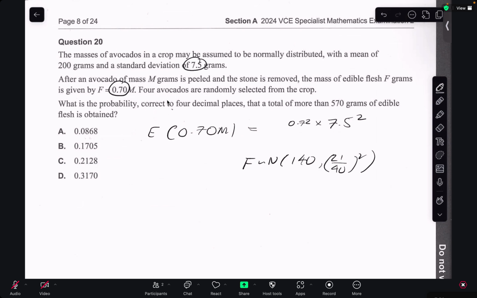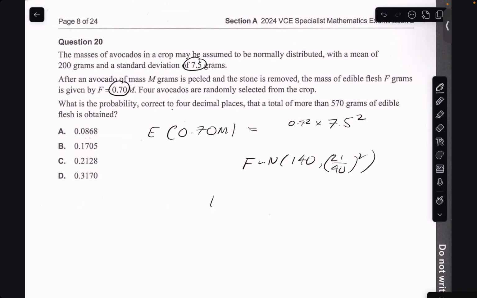And we want to know the probability that a total of more than 570 grams of edible flesh is obtained for 4 avocados. So that would be 140 times 4. Keep in mind that's N4, not A, like A4. So that's the mean, and the standard deviation, remember, it's just going to be the variance plus the variance plus the variance, but 4 times again. So just be careful that the variance is 4 times that, and it should be the square root squared.